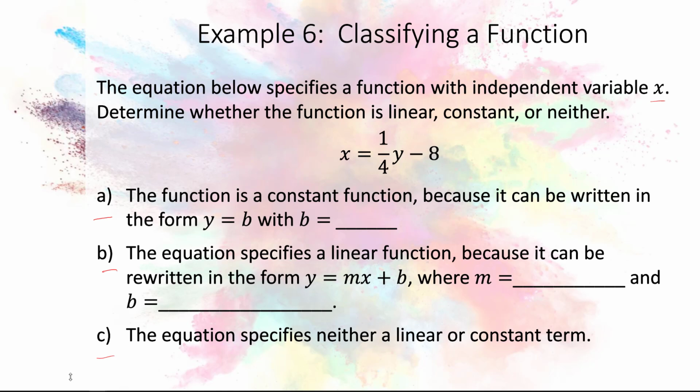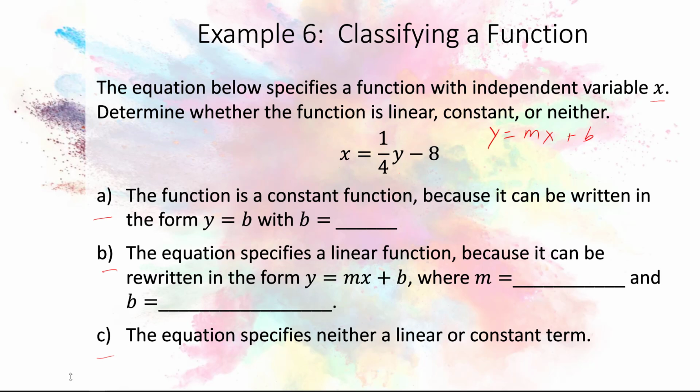And we want to determine if this function is linear, constant, or neither. Well, check this out. If x is the independent variable and y is the dependent variable, then we need to rewrite this so that it is of the form y is equal to some slope times x plus some other number. So we need to solve for y.